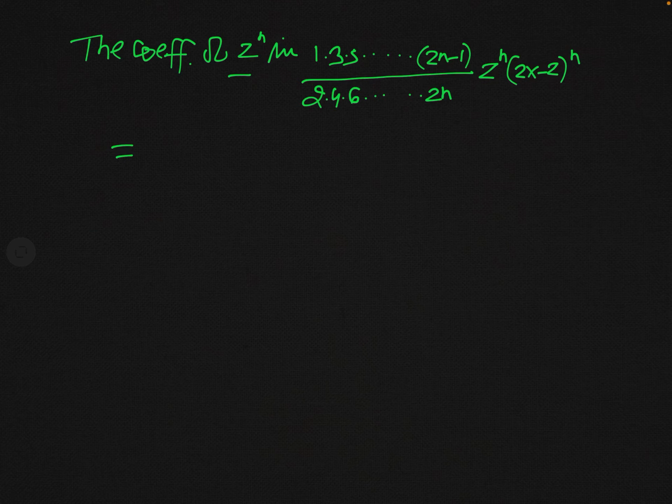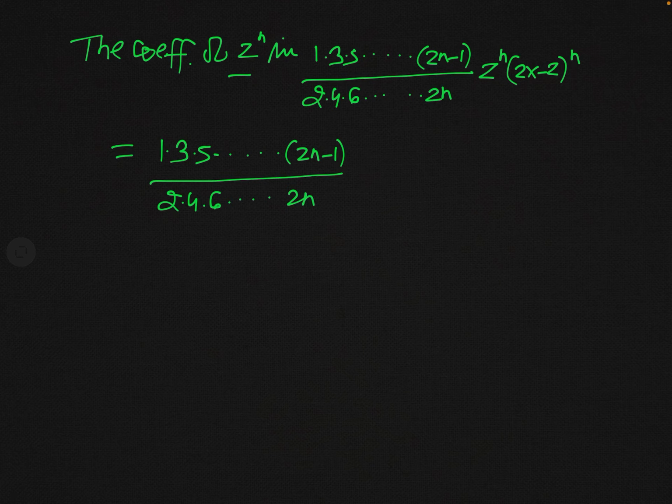What is the coefficient of z to the power n in this term? You can see this is simply equal to 1 into 3 into 5 up to 2n minus 1 over 2 into 4 into 6 up to 2n, and 2x to the power n.